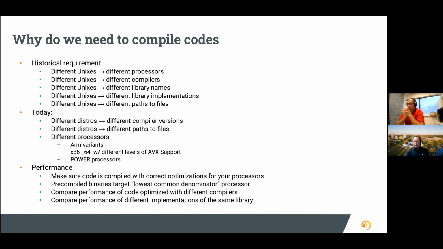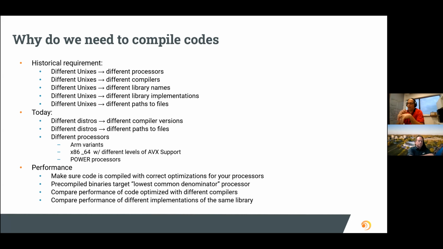Different processors. We're going to need to compile things so the instructions are correct for that processor. Today, I probably should have listed x86-64 first, because that is still the most common one, but there are different versions of AVX support, right? Intel has had AVX-512 for a while now. The latest version of AMD processors finally have AVX-512 instructions.